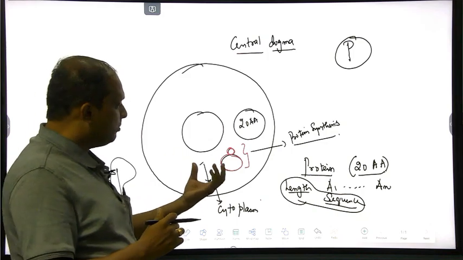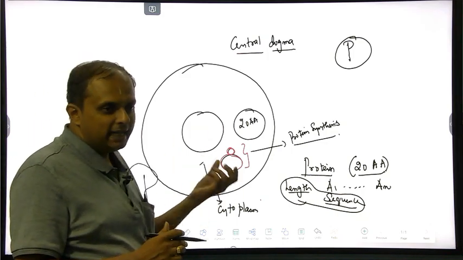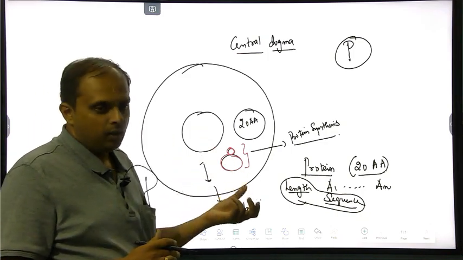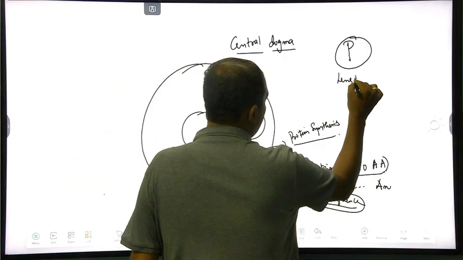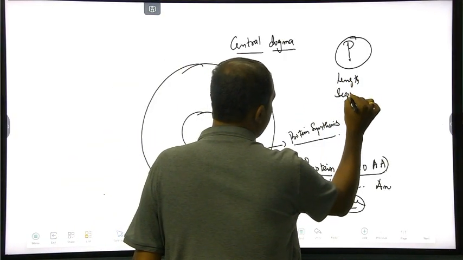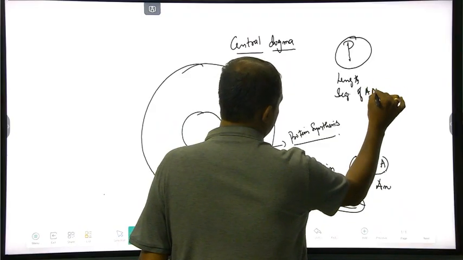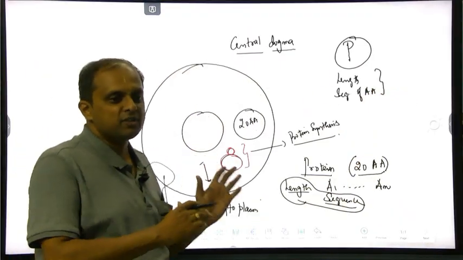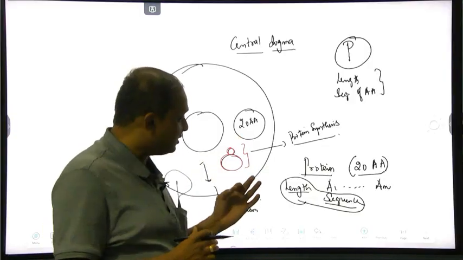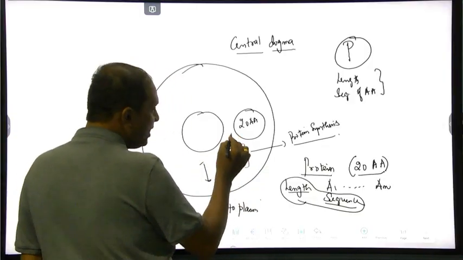Now the ribosome is ready to make a protein, but it needs the information. What sort of information? What is the length of this particular protein, and what is the sequence of amino acids? These two are the information required for the ribosome to proceed with protein synthesis. And friends, where is this information available?